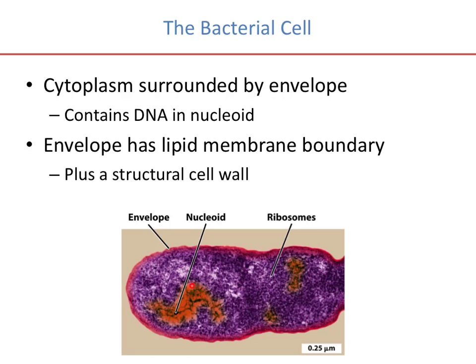Bacterial cells do not contain a nucleus. So they don't contain a compartment surrounded by a membrane that houses the nucleus like eukaryotic cells do. Instead, there's a general region where the DNA is housed, which is called the nucleoid. And then you see stained here in these dark purple dots, that is the ribosome.